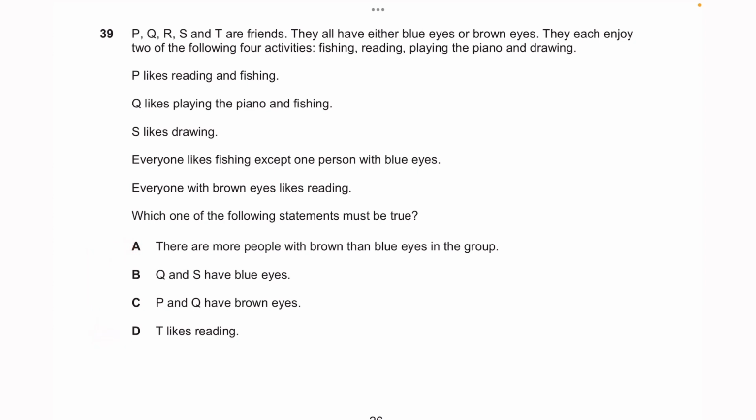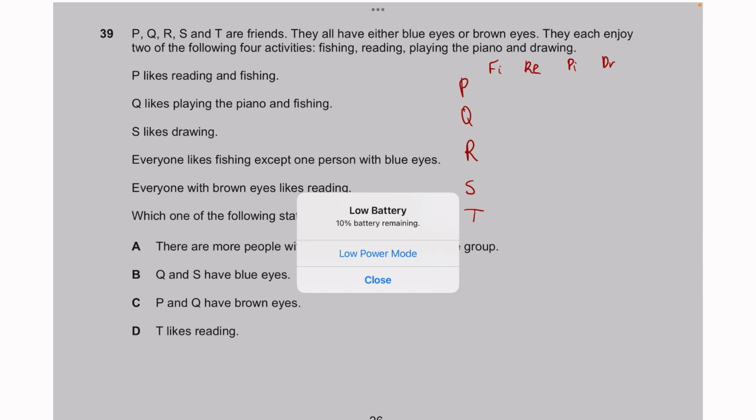So what we're going to do is we're going to actually put this into a little table to help us visualize our information better. So we've got P, Q, R, S, and T. And these are the following activities that we have. We've got fishing, we've got reading, we've got playing the piano, and we've got drawing.